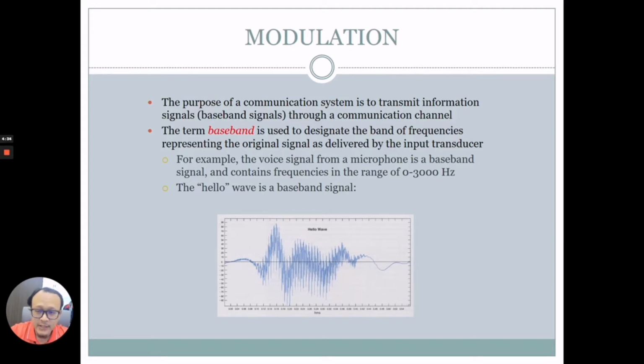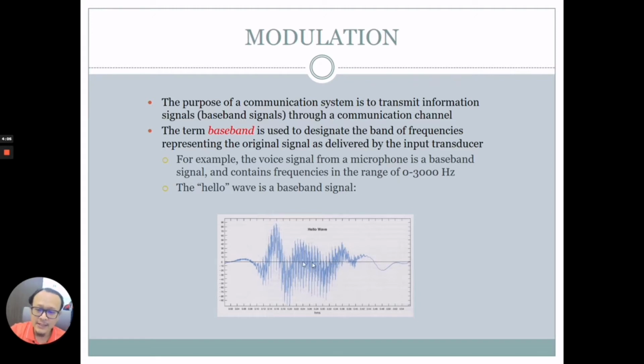The term baseband is used to designate the band of frequency representing the original signal as delivered by the input transducer. For example, our voice, if we speak into a microphone, is a baseband signal. The frequency is the range of our voice, which is from 0 to 3 kilohertz. If you look at this picture, this is a baseband signal.